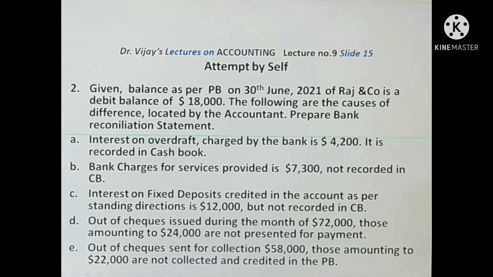It shows debit balance in passbook $18,000, that is passbook overdraft as given balance. 5 costs of difference are given. You have to prepare the model for each cost of difference and decide which ones are to be added and which ones to be subtracted. Okay, your answers for both these problems we will check in our next lecture.